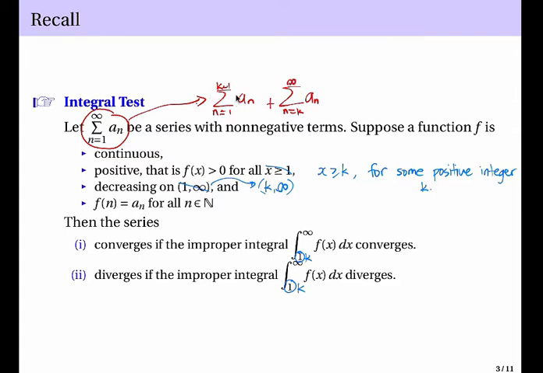And take note that the first is just a finite sum. So this finite sum won't affect the convergence or divergence of the infinite sum. Whatever the convergence or divergence of this series, it will follow that the original series has the same conclusion as this series. Okay?